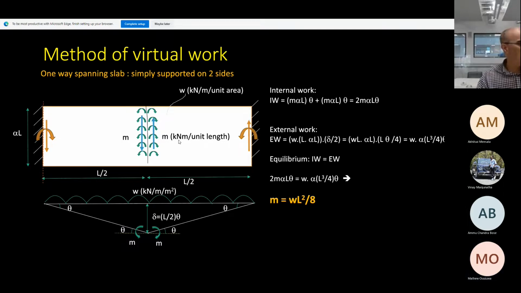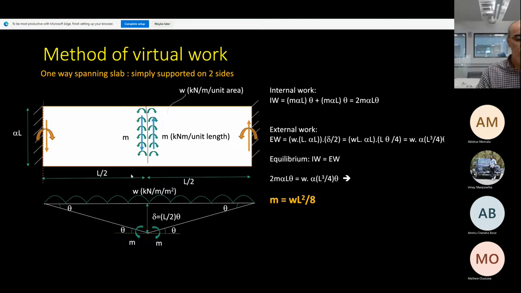The unit of moment is kilonewton meter, isn't it? But per unit length, because it's over the length of the yield line. So it's kilonewton meter per meter. Please remember that. So the units of moment is kilonewton meter per meter, and the units for the load is kilonewton per meter square, because the load is applied on the area of the slab.